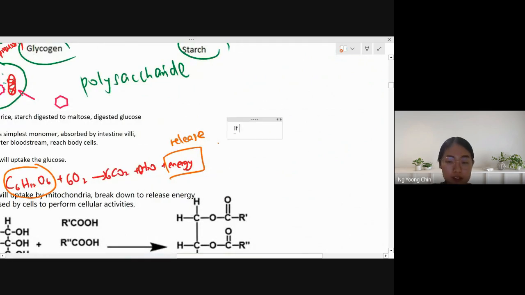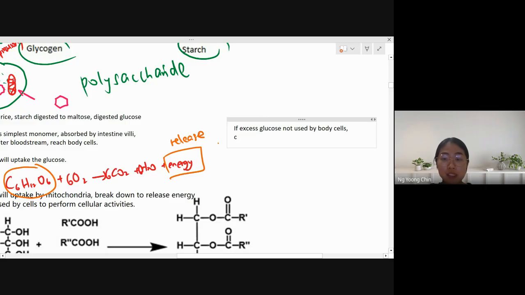So excess glucose, not used up by body cells, will be stored as glycogen.